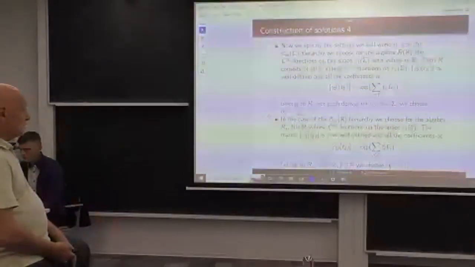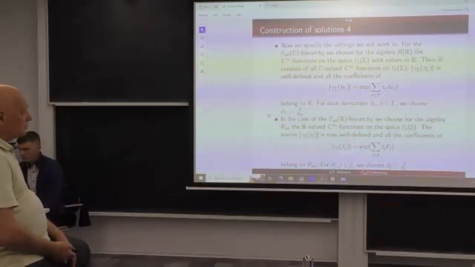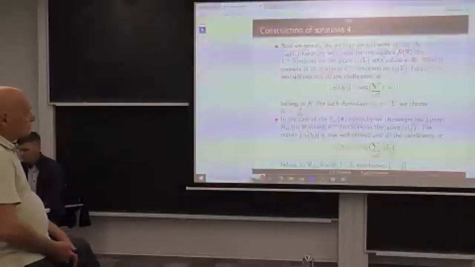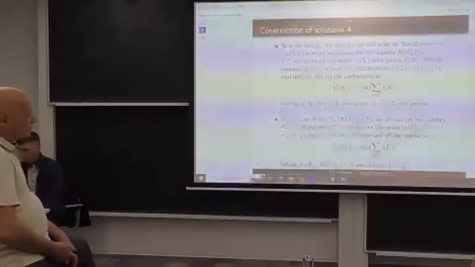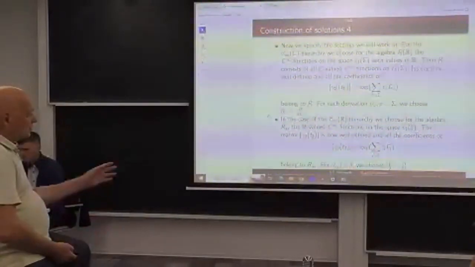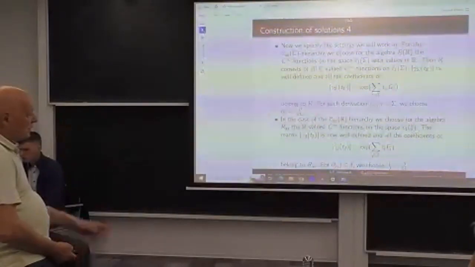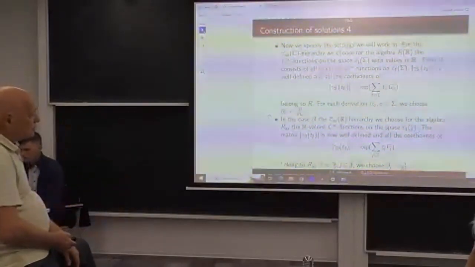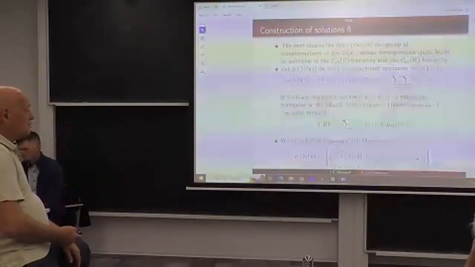And we do something similar for the real version: we take the C infinity functions on the space L1 J. Also here the matrix becomes well defined, and we choose partial J equal to the partial derivative with respect to TJ.